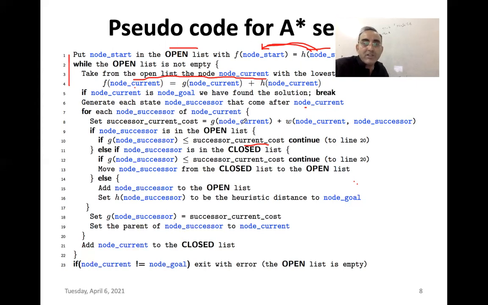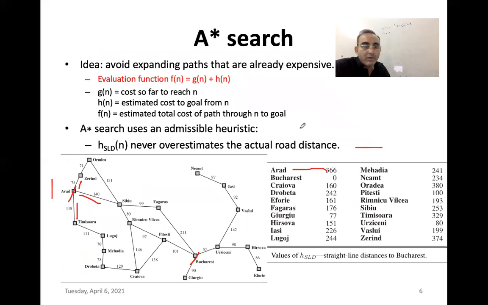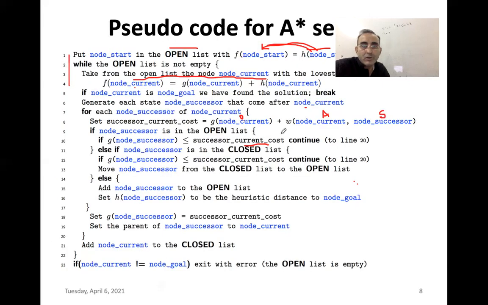The actual cost of Arad is 0, plus the weight from Arad to Sibiu, which you can see on the map. The weight from Arad to Sibiu is 140. You add this 140 to this 0, and you will get your current cost for the successor.